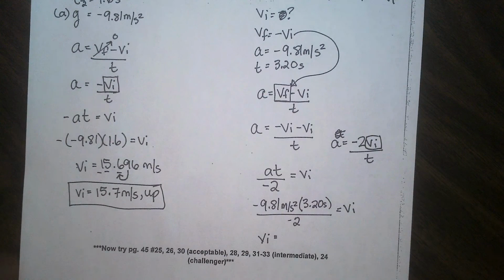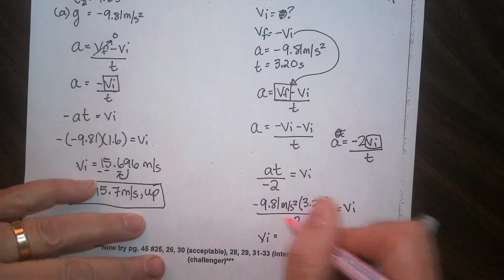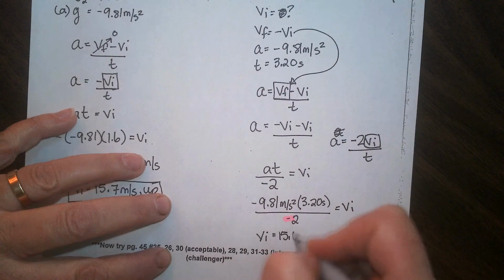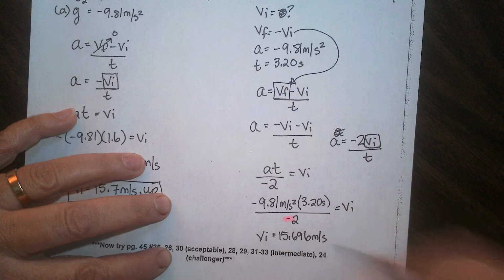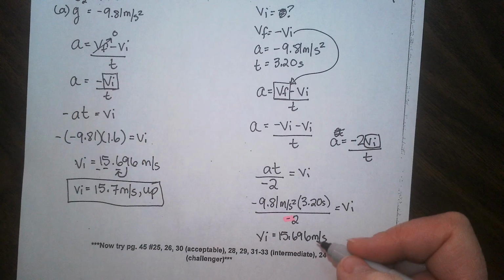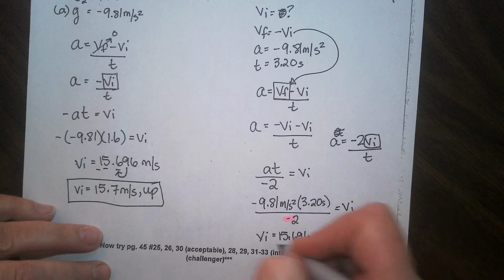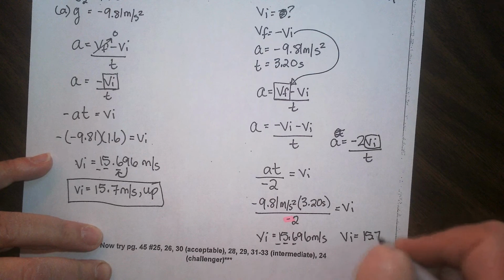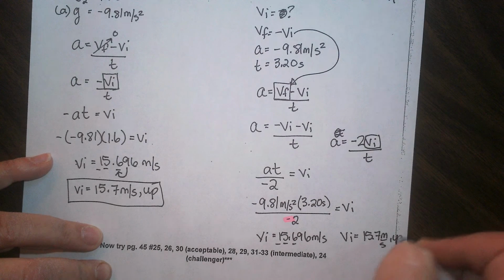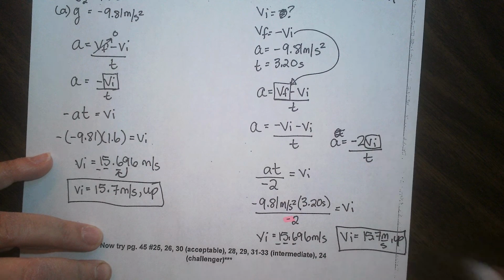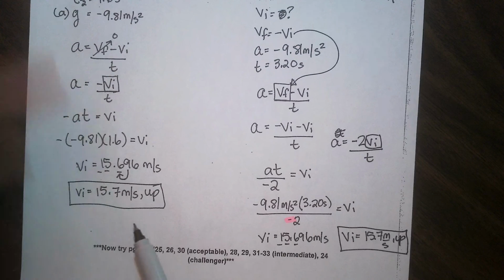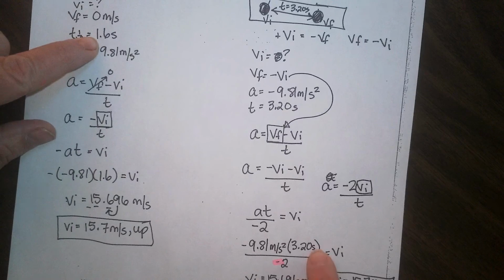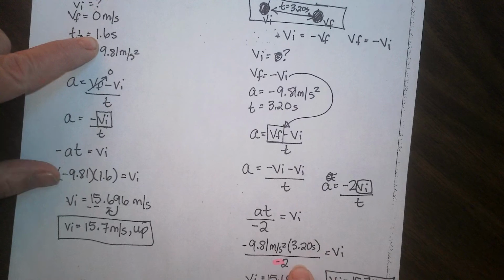See? Told you if you're going to forget something, you're going to forget to move a negative. So 15.696 meters per second. I'm going to go back to the original question where we got 3.20 from. Again, it's 3 significant digits. So VI is 15.7 meters per second up. And it's the same answer because all we did was we figured out half the time here and we left the time whole here and then divided everything by 2.